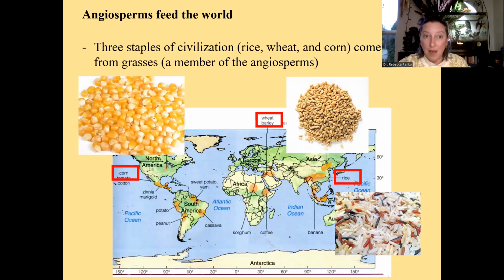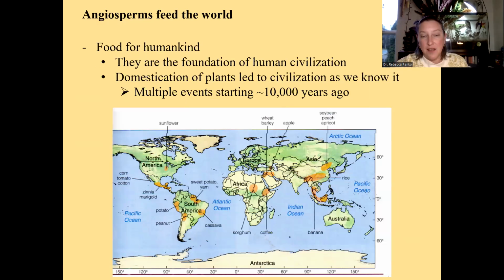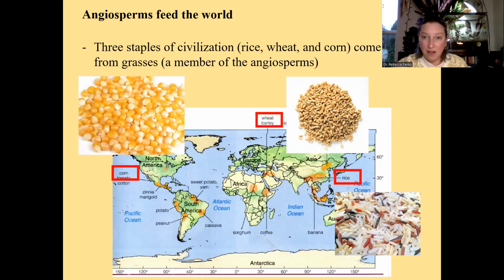And yep, you might have guessed where this is going, but a lot of these food products that we domesticated come from the angiosperms. And in fact, the three that we covered in that very first lecture, rice, wheat, and corn, come from grasses, and grasses are members of the flowering plants.